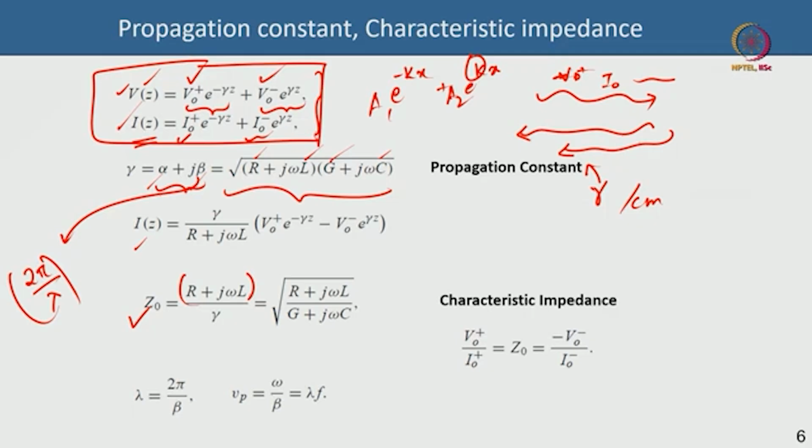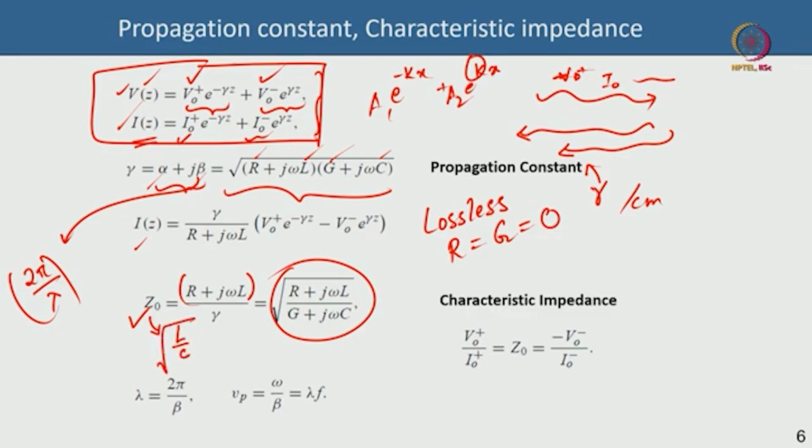It looks a little bit scary, but if your line is lossless, it means your resistance and conductance are 0. The real part basically has to become 0. That is the definition of being lossless. Then this characteristic impedance reduces to the square root of L by C, because this part will go away.